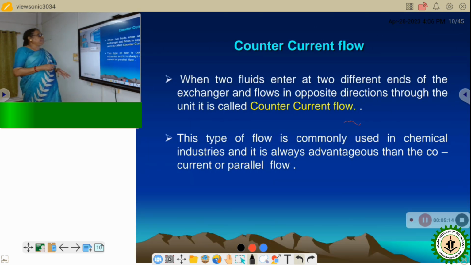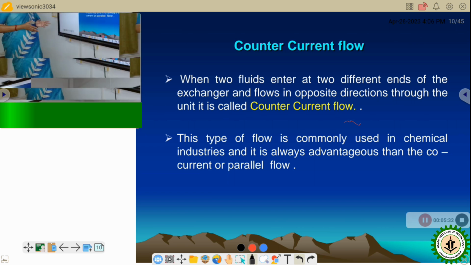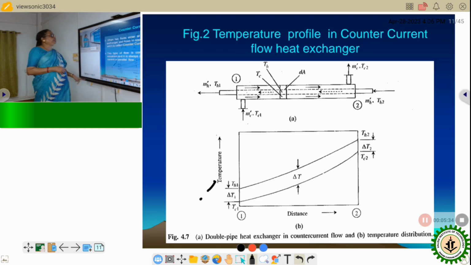In counter current flow, fluids enter at the two different ends of the exchanger and flow in opposite directions through the unit. It is called counter current flow. This type of flow is commonly used in the chemical industries, and it is always advantageous over the co-current or parallel flow.